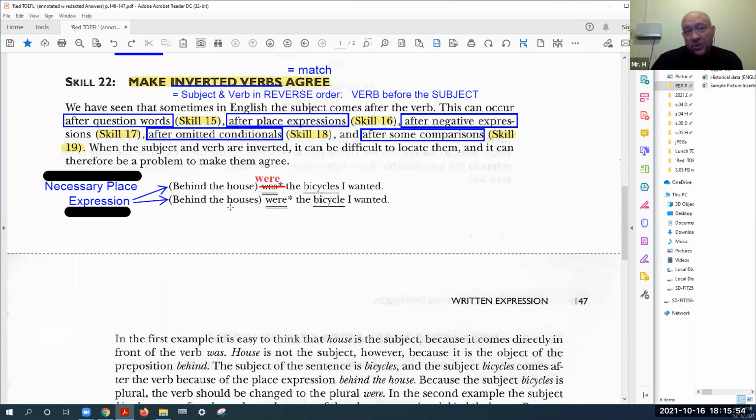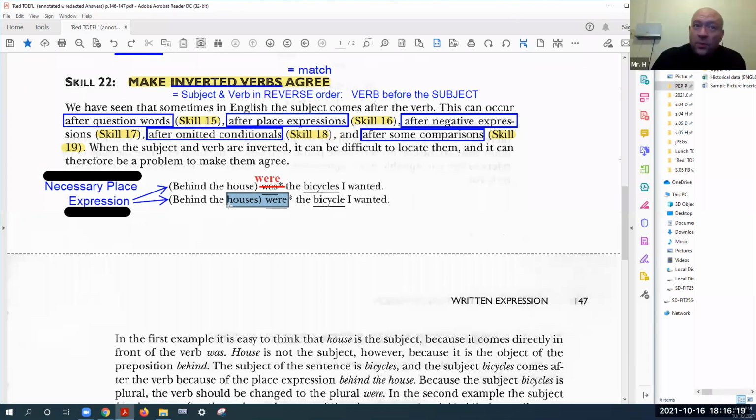And of course, you must be careful. Sometimes you might see it and think the verb "were" matches with "houses," right? But why is that wrong? Because we are talking about the bicycle.